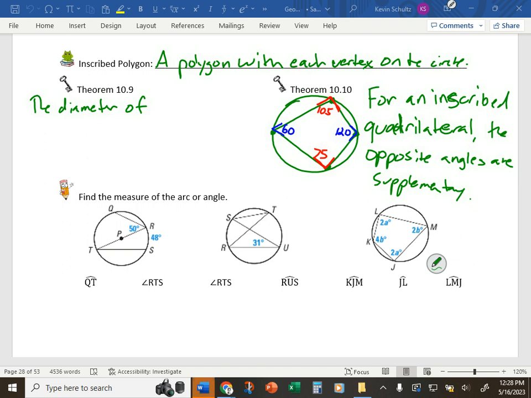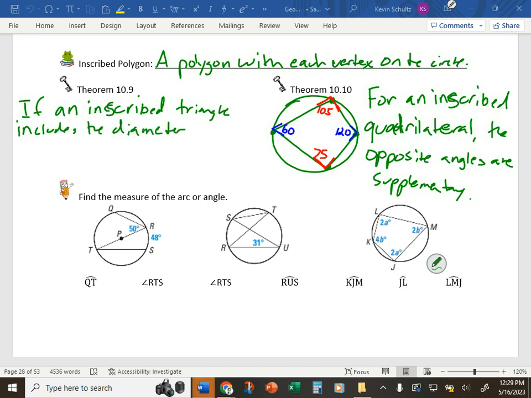If an inscribed triangle includes the diameter, then the triangle is a right triangle.